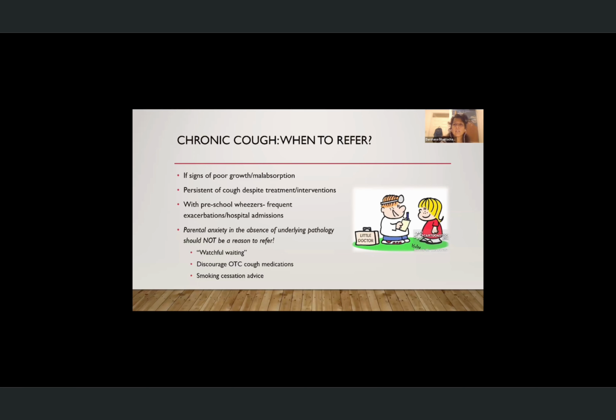We usually discourage over-the-counter cough medications because they don't really have any benefit. And obviously, if there's anyone smoking in the household, even if parents do claim they go outside when they smoke or change their jackets, even particles on their clothing can aggravate children's chests. So really, giving good smoking cessation advice is always key.